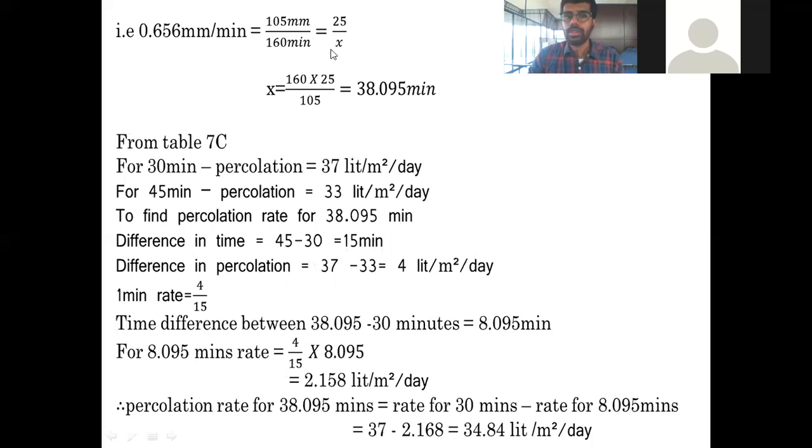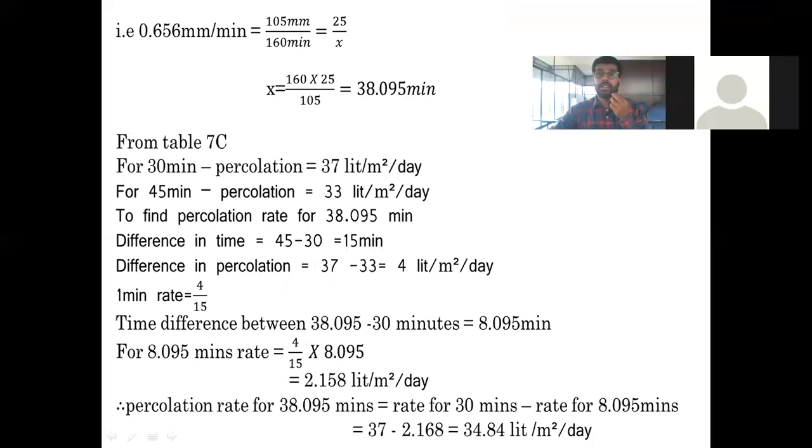Just equate: x is equal to 25 into 160 divided by 105, which is 38.095 minutes. So it took 38.095 minutes for the water level to come below 25 mm. You got my point?